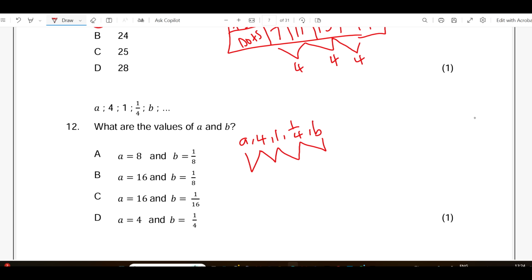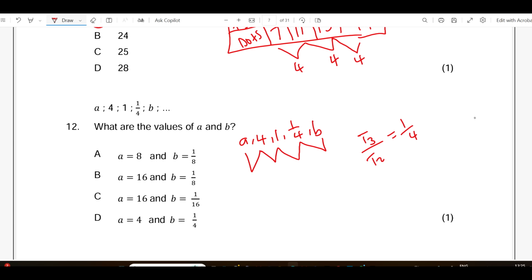If I divide T3 by T2, this one by this one, T3 divided by T2, it gave me 1 over 4, meaning that this is T3 divided by T2, gave me 1 over 4.